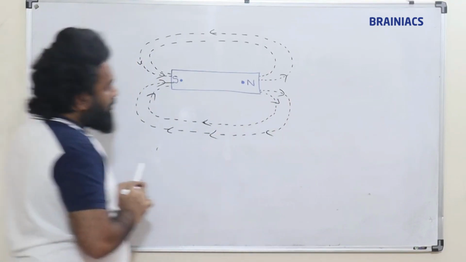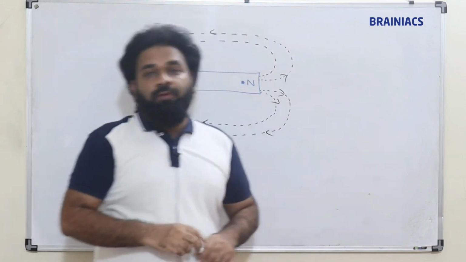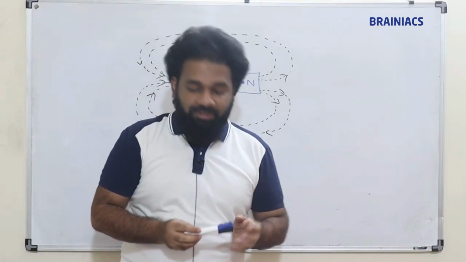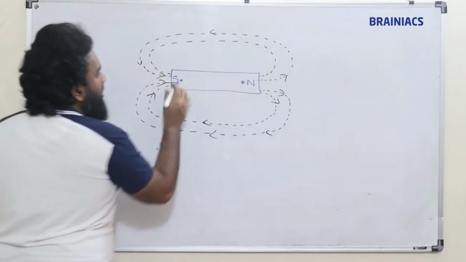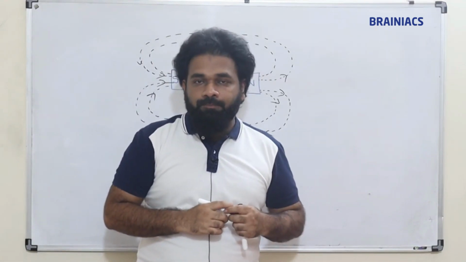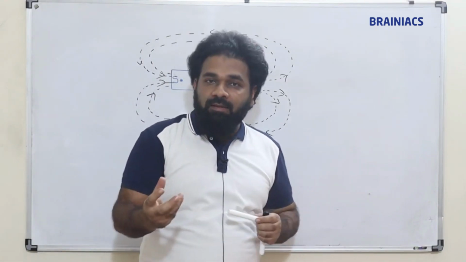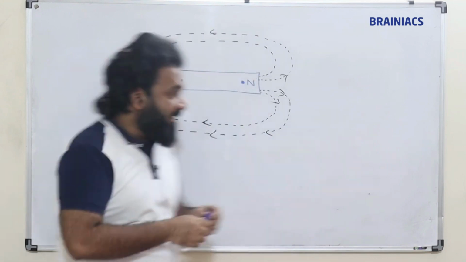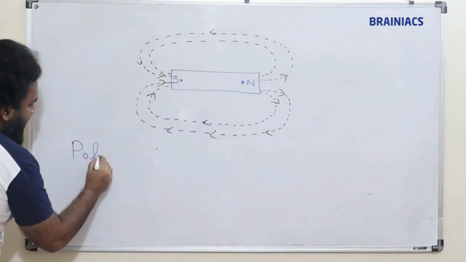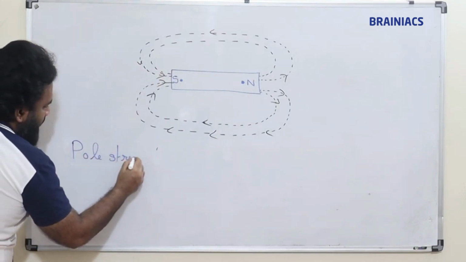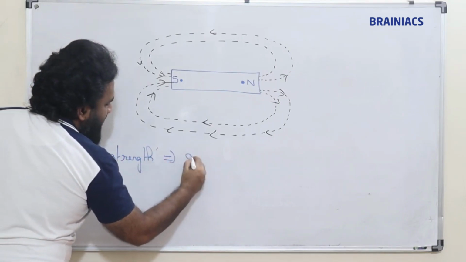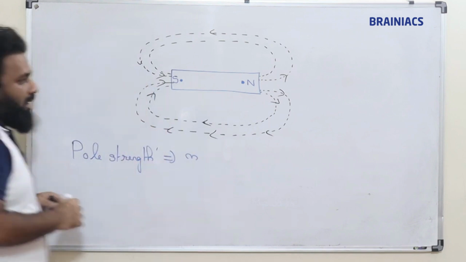Now the number of field lines will depend on its pole strength. That is, this pole has got strength, just like a charge will have a strength. So that is denoted as pole strength, which is denoted as small m.